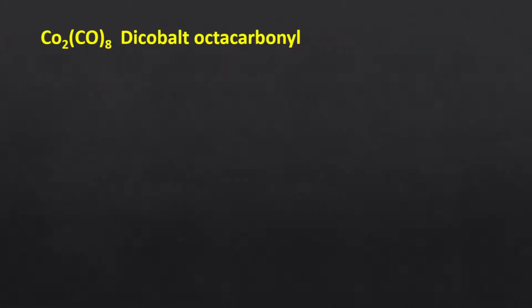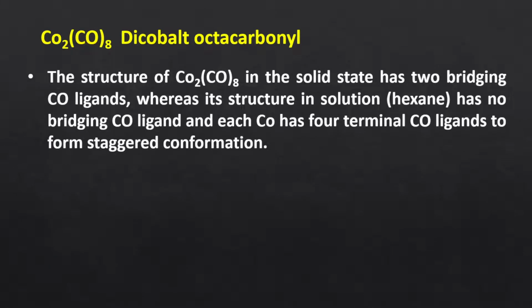The structure of dicobalt octacarbonyl in the solid state has 2 bridging carbonyl ligands, whereas its structure in a solution like hexane has no bridging carbonyl ligand, and each cobalt has 4 terminal carbonyl ligands to form a staggered conformation.